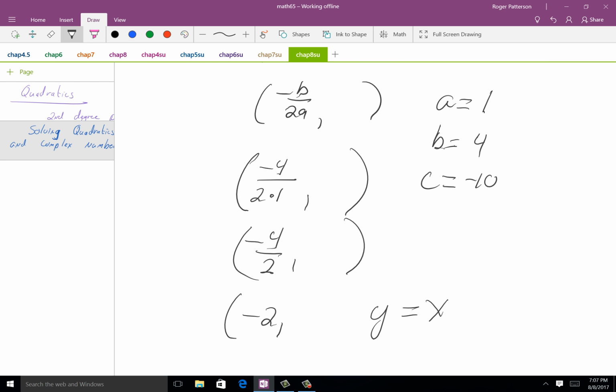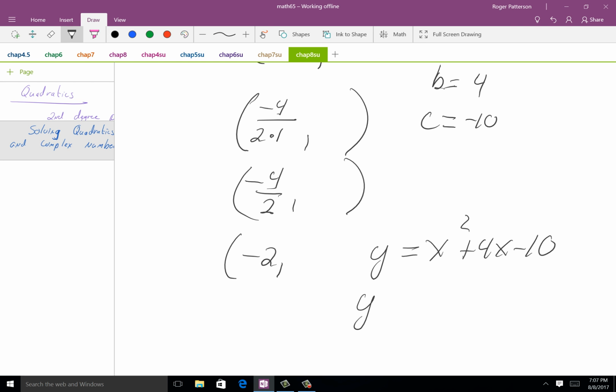But that's not so bad, because if I know what the x coordinate is, I can find the y coordinate by simply putting negative 2 in for x. Okay, so if I take this negative 2 and substitute it in for x, then I can figure out what the y coordinate is.